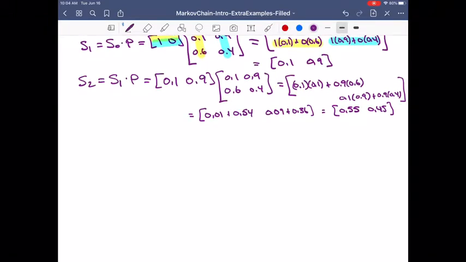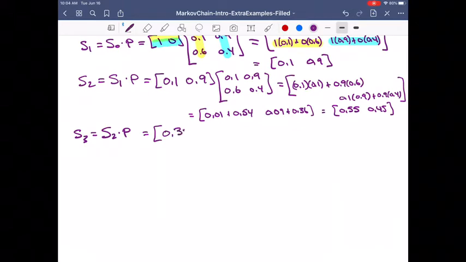Now we already did S2. For S3, we take S2 times P. I'm going to write this one out a bit less. So if you take S2 and you multiply by P, you're going to get 0.325 and 0.675.